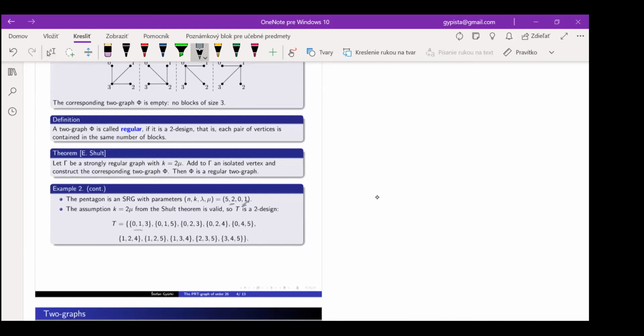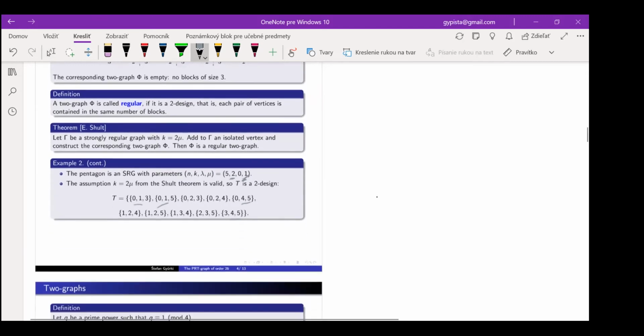For example, the pair 0, 1 appears twice inside the blocks, the pair 4, 5 also twice, and if you check all the 10 possible pairs, you will obtain the same number 2. So this is really a two-design.